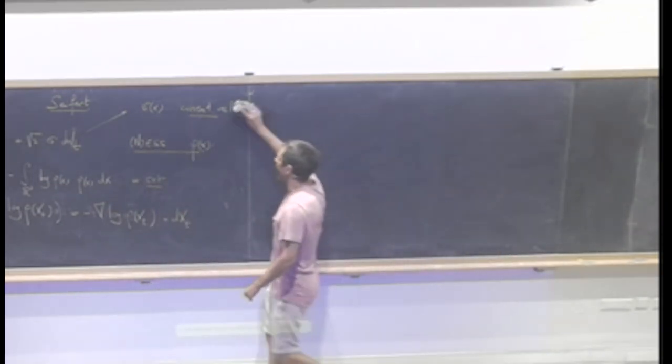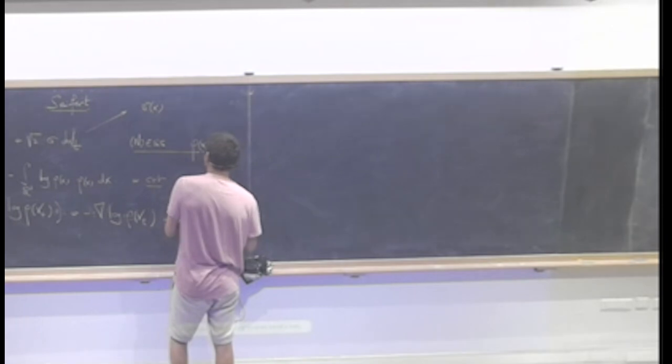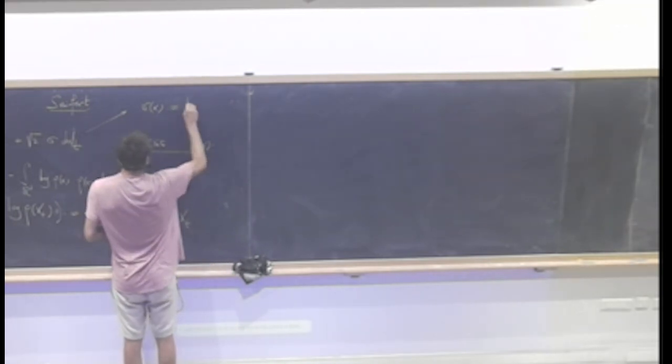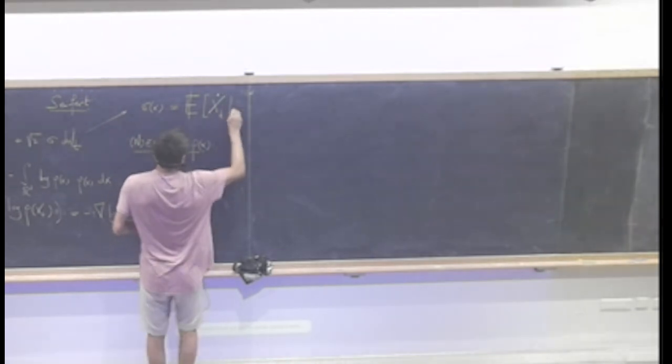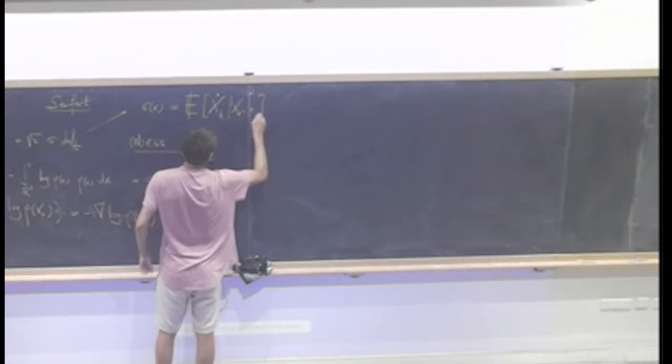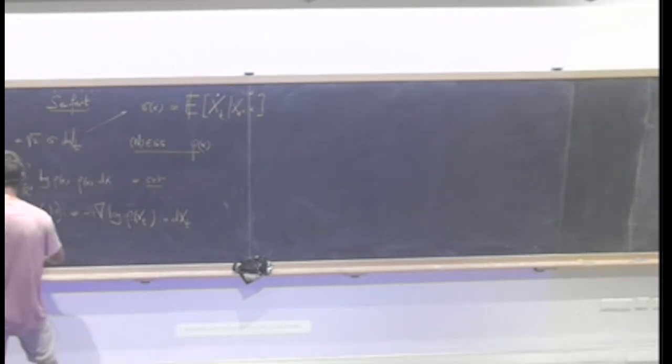Now, if you look at this, and you remember this current velocity, let me write it here, a bit sloppily: this guy is actually the expectation of x dot at x_t equal x. If you take the conditional expectation at x_t equal x of this object, what do you get?